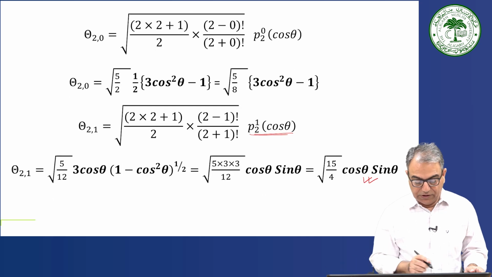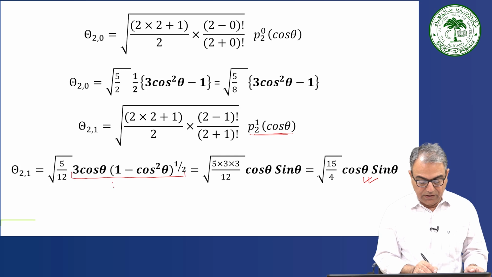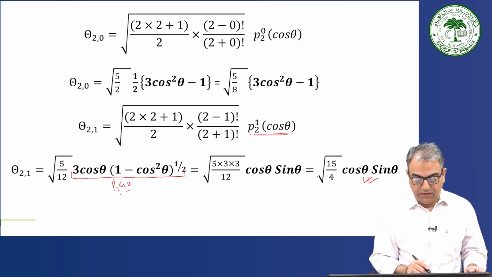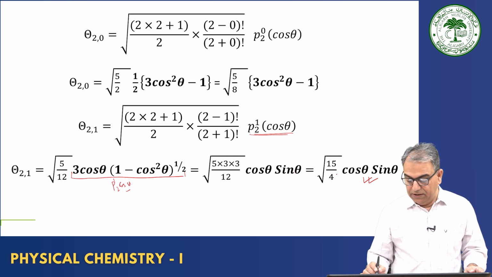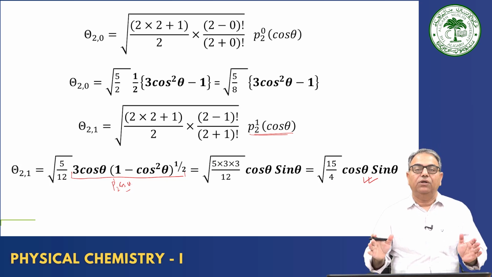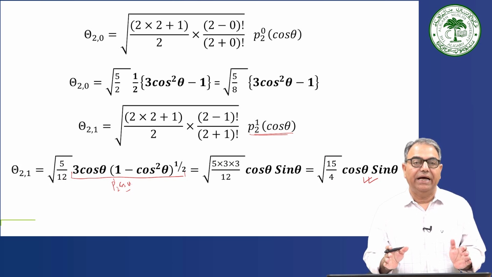Okay, so it is 3. This is your P21 cos theta. So from where you get 1 minus cos square theta is sin square theta, under root will be sin theta, so cos theta sin theta. Okay, and this you can write as 15 divided by 4. So root under 5 divided by 12 could be written as root under 15 divided by 4 cos theta sin theta. So this way we find the solution of theta equations, the eigenfunctions.